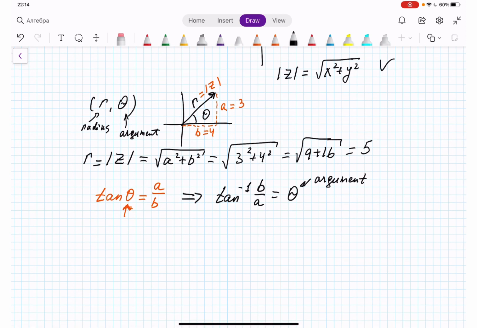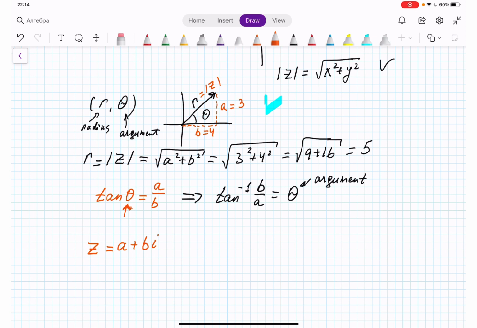So in this example, in the same picture here, I'm going to write down that in the form of the Cartesian system, z is equal to a plus bi, right?